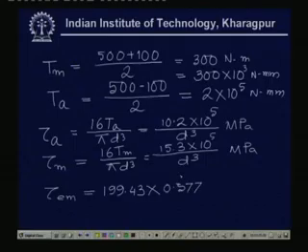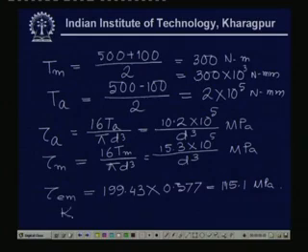This load factor, as you know, is 0.577, so this comes out to be something like 115.1 megapascal. See how a drastic change in the values comes into picture due to so many factors affecting the design in the fatigue mode.